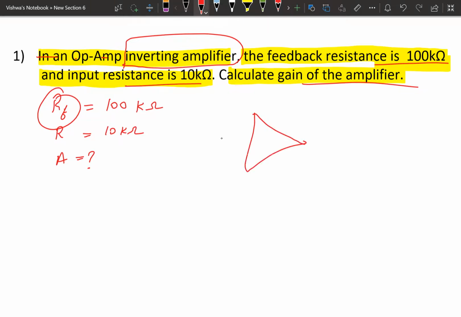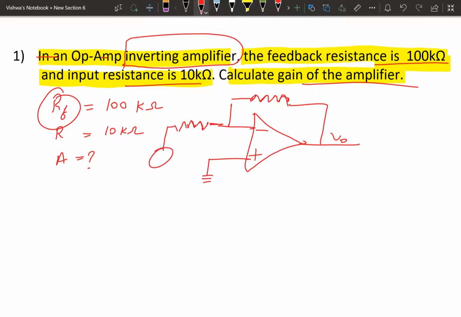There is an output and there is a feedback. It is inverting, so we are applying a certain voltage here, and the other terminal is grounded. Resistor values are given. It is RF and this is R.